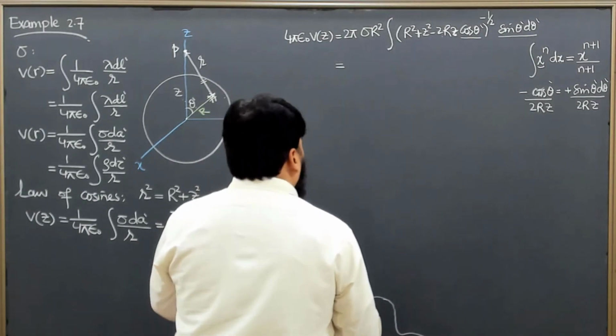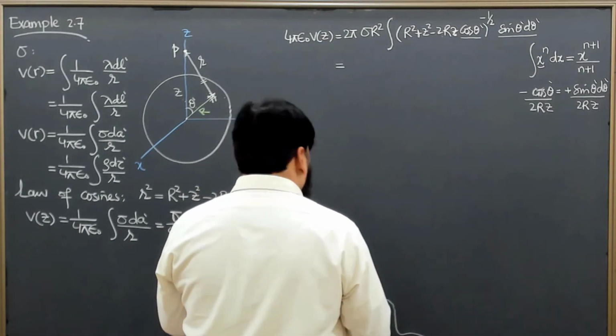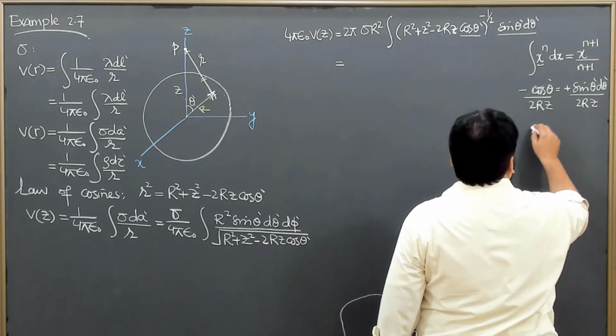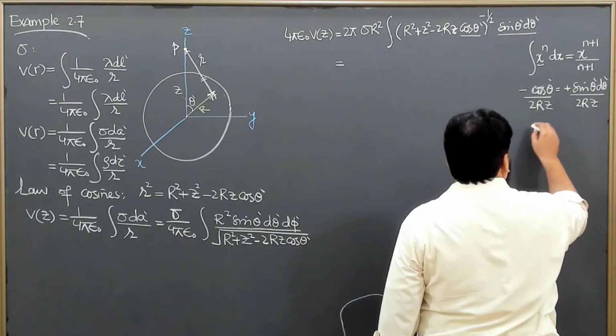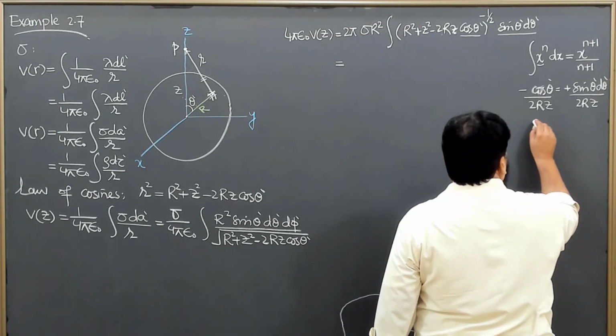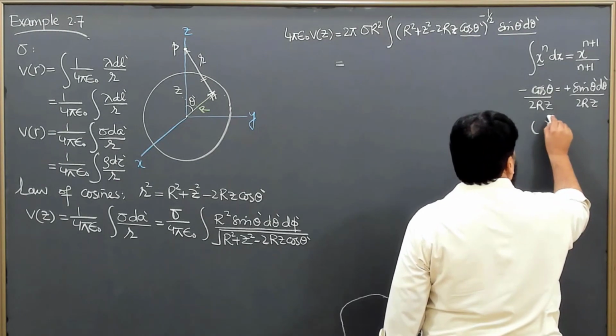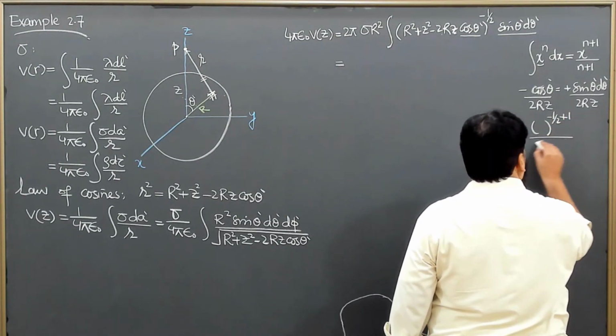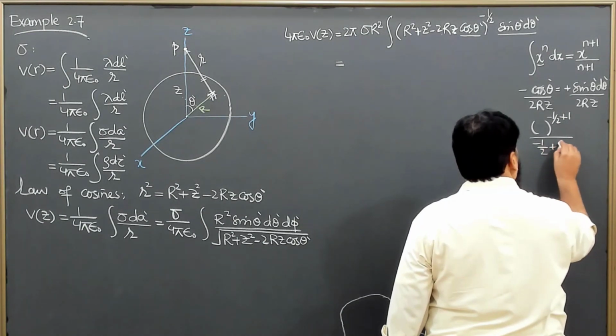So I can write the integral of this one. And similarly, what about the power? The power will come out to be minus half plus 1, and the whole divided by minus half plus 1.